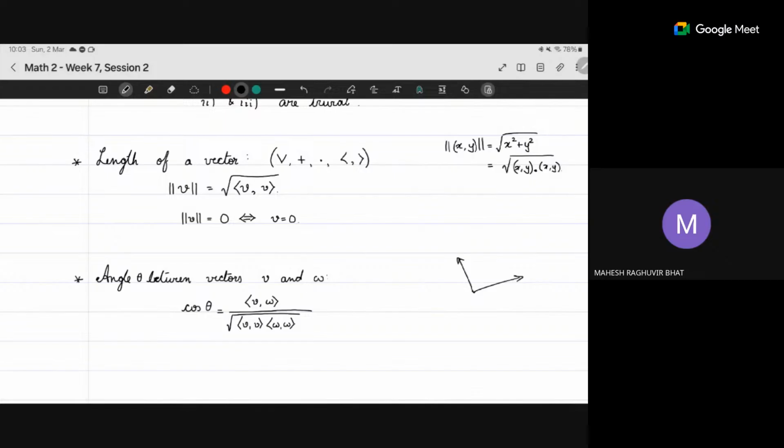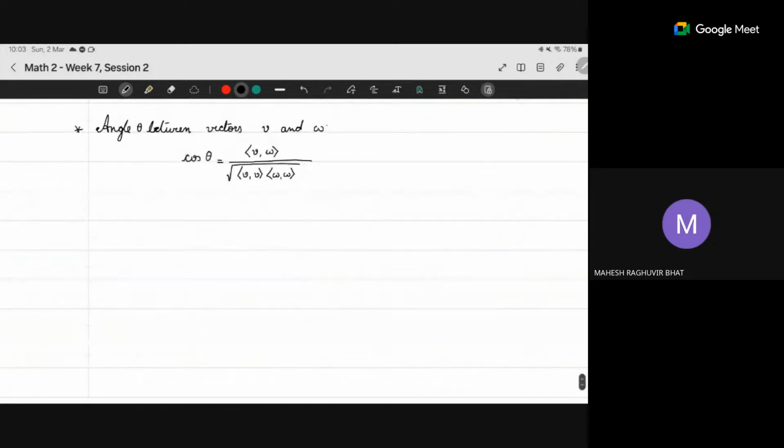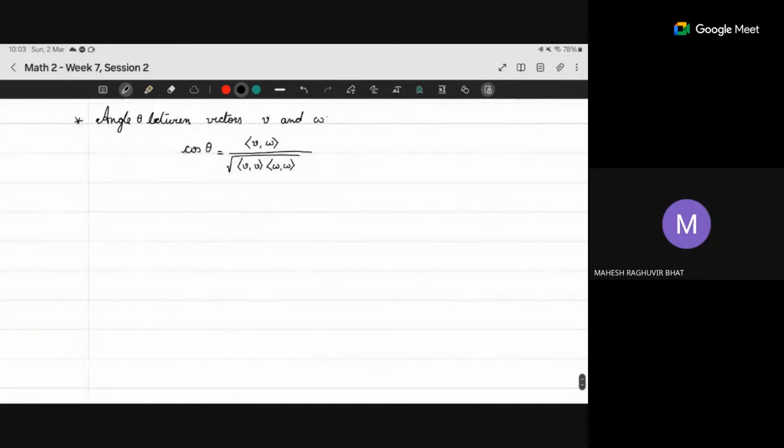Projection again will make sense only in the next week, but this will have zero projection and all that. So orthogonality implies linear independence. This is something we will see next week, and that is why orthogonality is interesting, at least in the context of linear independence. All that we'll see next week.